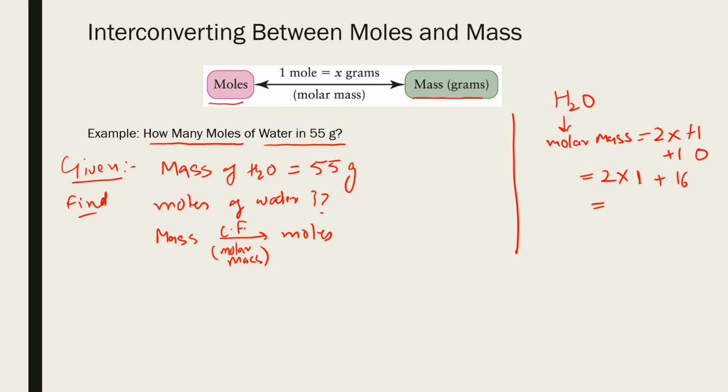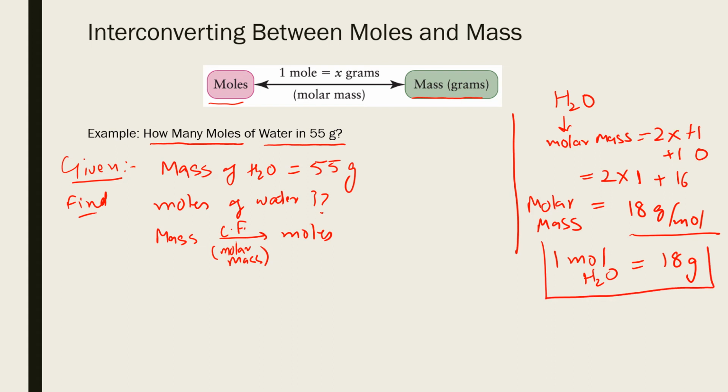So the molar mass of water is 18 grams per mole. Now what's the meaning of molar mass equals 18 grams per mole? The meaning is 1 mole of water will weigh how many grams? 18 grams. That's the meaning.